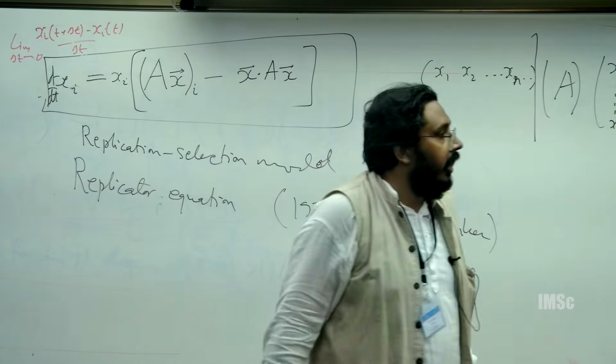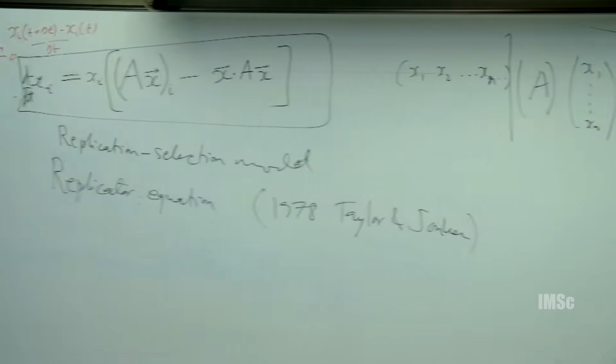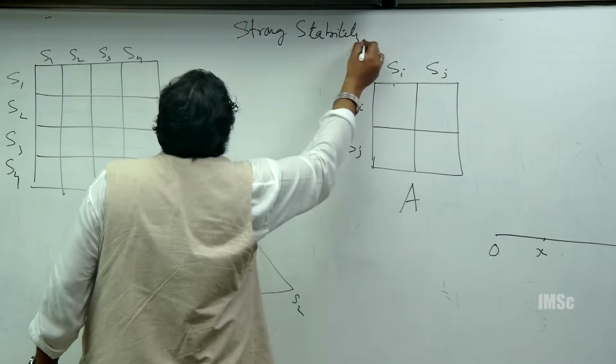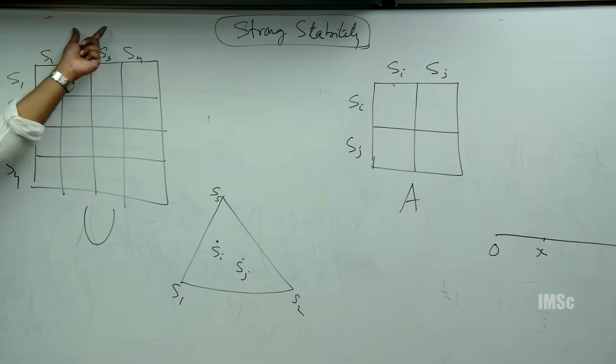So, it is a technical catch here, and this comes under a topic called strong stability in maths. See what it is that you are doing. When you had several pure actions, you had player 1 playing against player 2.